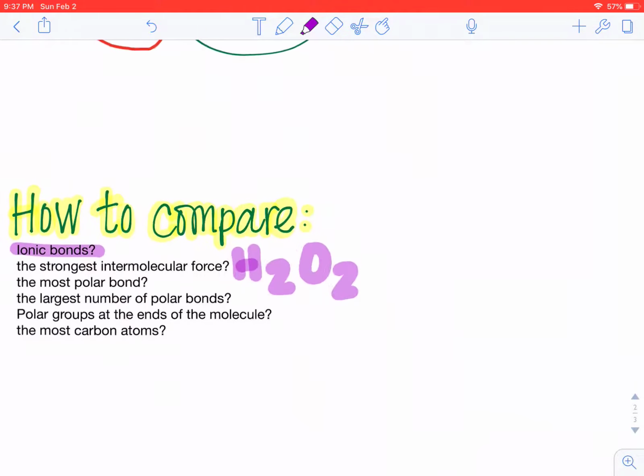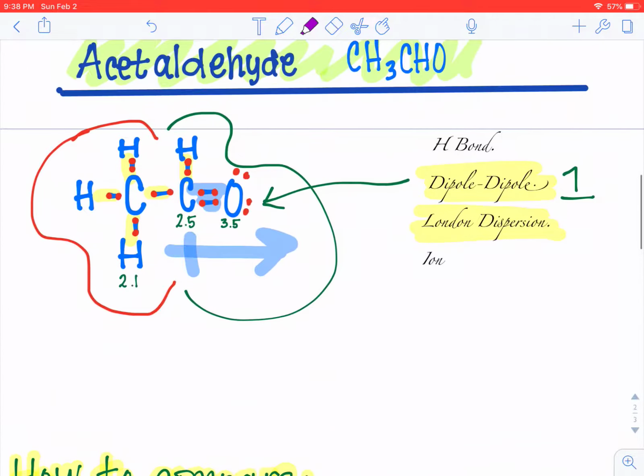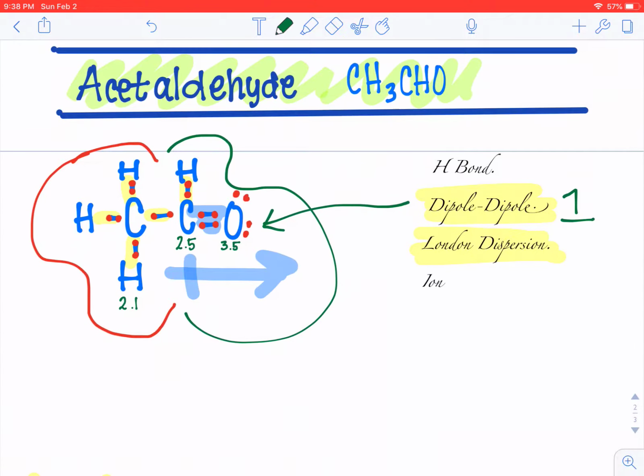Let's continue with a little bit more analysis. The next question is the most polar bond. This requires looking at the electronegativity differences. It looks like in acetaldehyde we have an electronegativity difference of 1, and then we have here an electronegativity difference of 1.4.